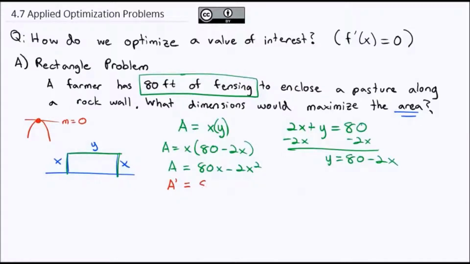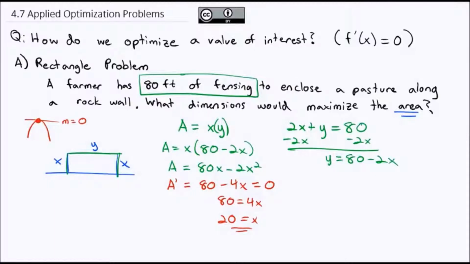The derivative of the area is equal to 80 minus 4x. And we just need to make that equal to 0 to find the critical point where this fence area is optimized. Add the 4x to both sides, and 80 equals 4x. Divide both sides by 4, and x is equal to 20.